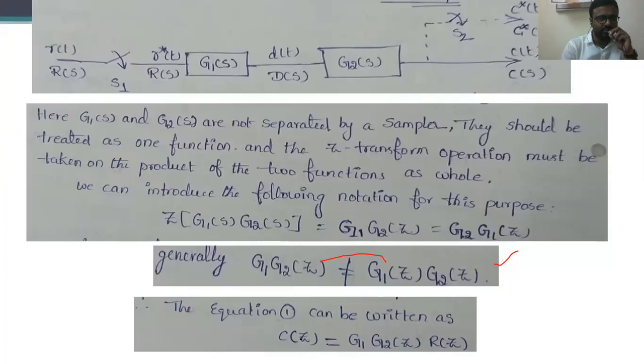So in this way, we frame the pulse transfer function for the two cascaded systems which are not separated by the sampler.